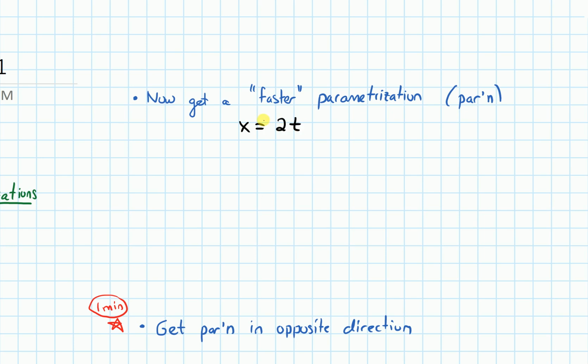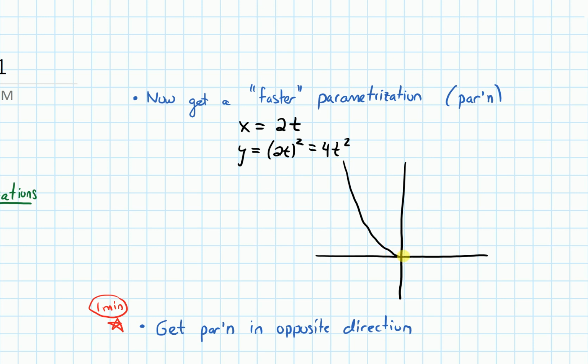That's going to increase the rate at which its x-coordinate changes. Okay, so y is x squared, so that's going to be (2t) squared, which is 4 times t squared. And so I know it's still going to have the same shape. We're still talking about a parabola. So we're still talking about this parabola.